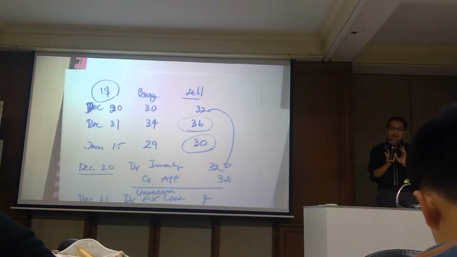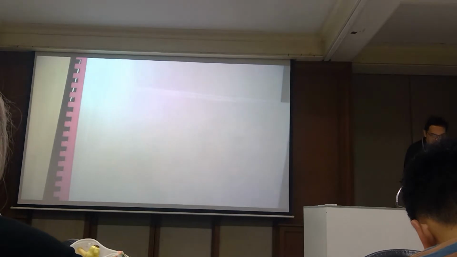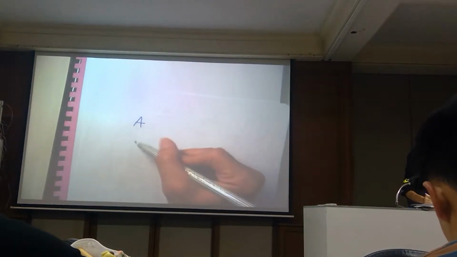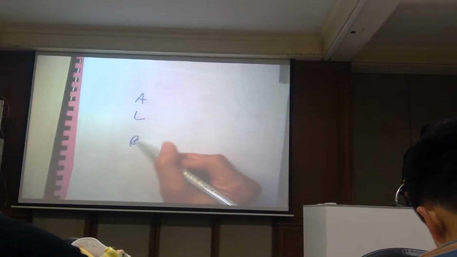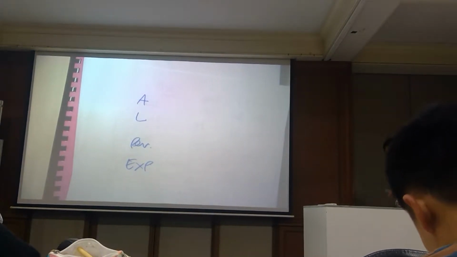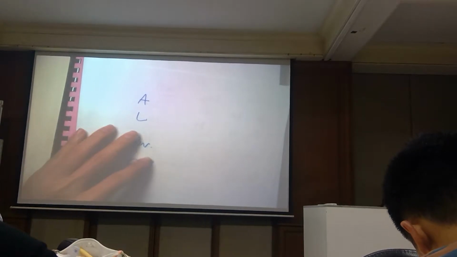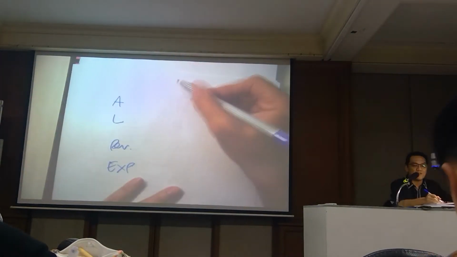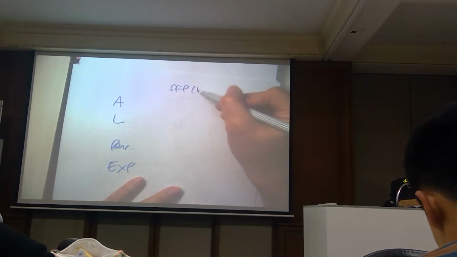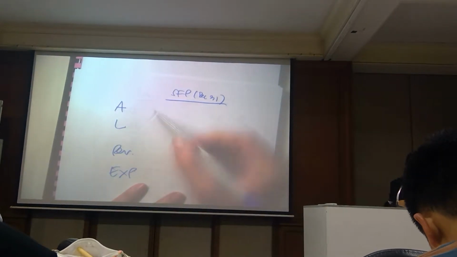Now when we want to translate, break it down: you have asset, liability, revenue, and expense. On the day of transaction, versus the day of the statement of financial position, which is December 31st, what do you get?